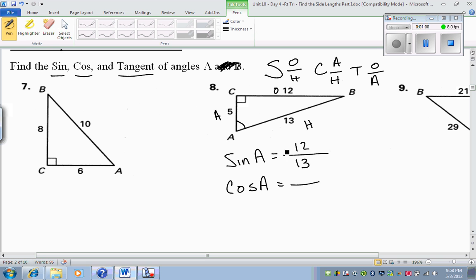The adjacent is 5, the hypotenuse is 13, so 5 over 13. And finally, tangent of angle A is opposite over adjacent, so that's 12 over 5. And that's that problem.